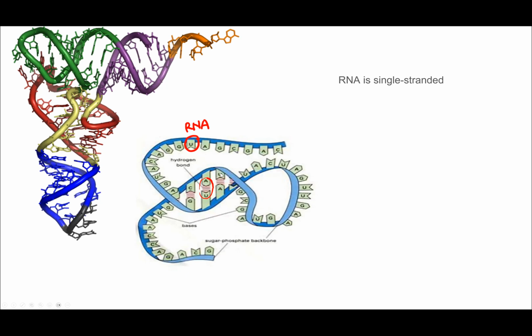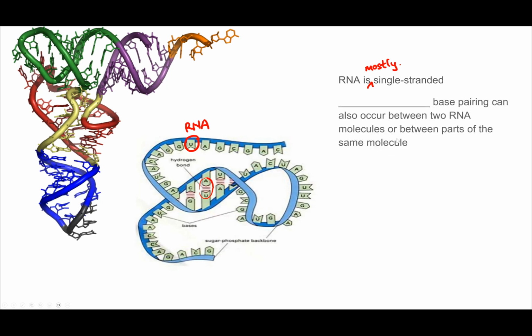So RNA is mostly single-stranded. I'm gonna add the word here, mostly. We do have double-stranded RNA, but it's just not very common. So the rule of complementary base pairing will also occur between the bases in RNA, or between RNA and DNA, or between RNA and RNA.